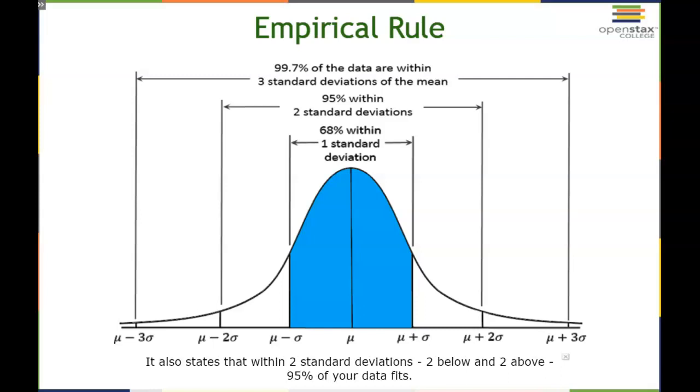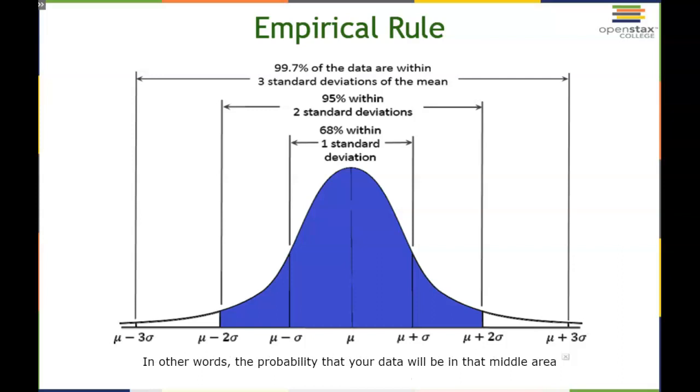It also states that within 2 standard deviations, 2 below and 2 above, 95% of your data fits. In other words, the probability that your data will be in that middle area with 2 standard deviations below and 2 standard deviations above is 0.95.